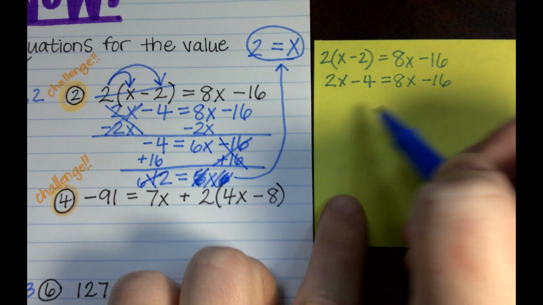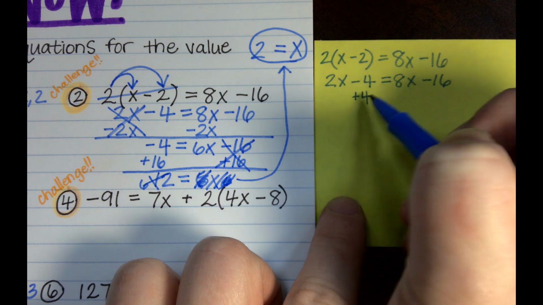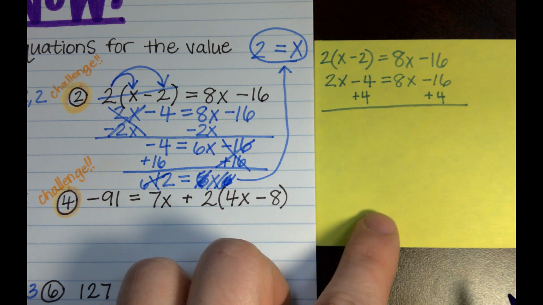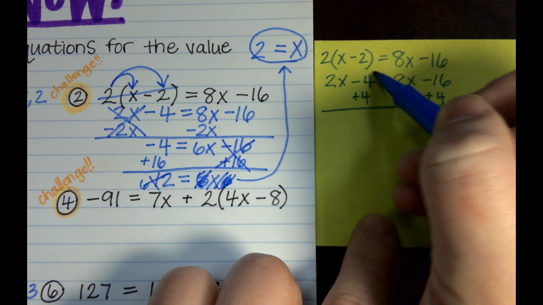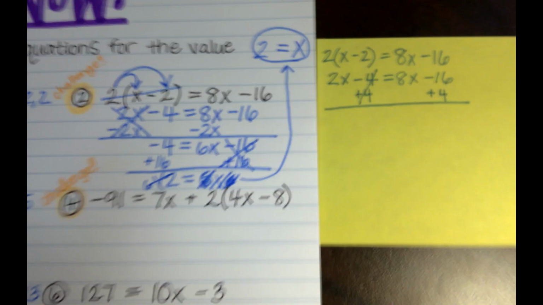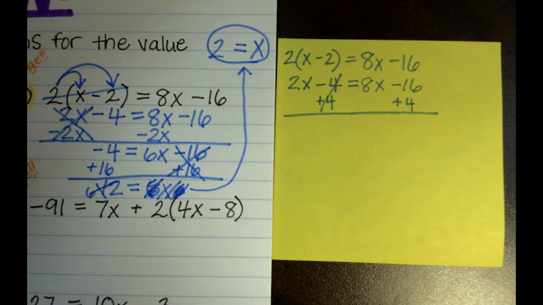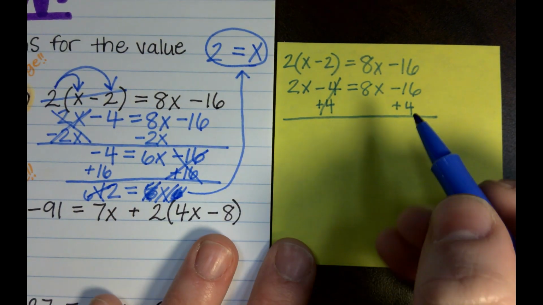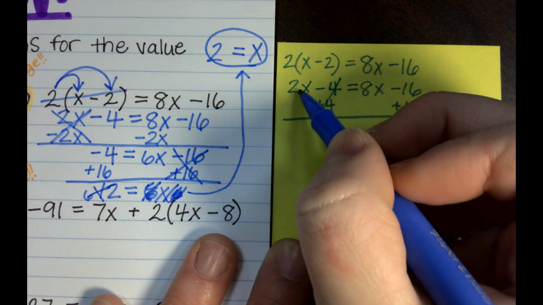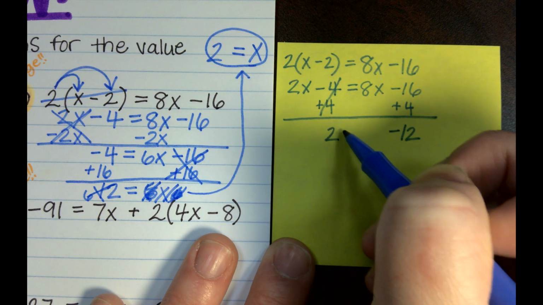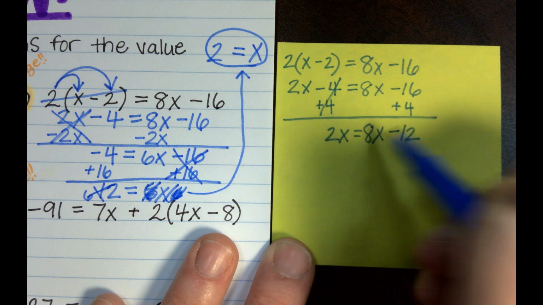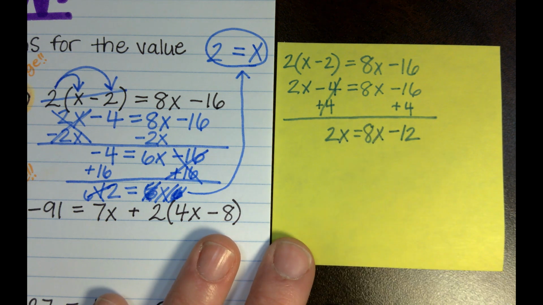So let's see. You added 4 to both sides. Add 4. Okay, and that canceled out this. So then what did you do next? -16 plus 4 is -12. And then I brought everything down. Now we have 2x equals 8x minus 12.